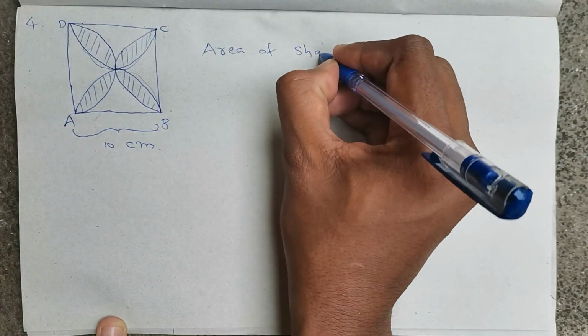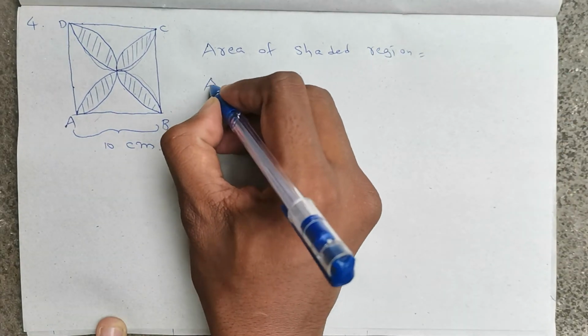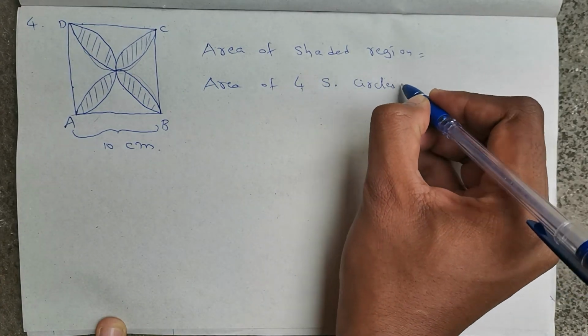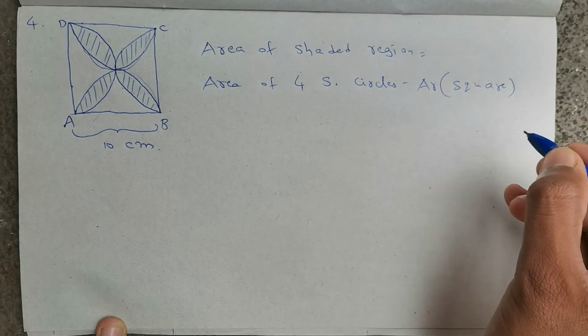Area of shaded region is equal to area of 4 semicircles minus area of square.